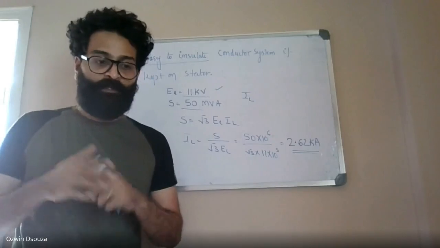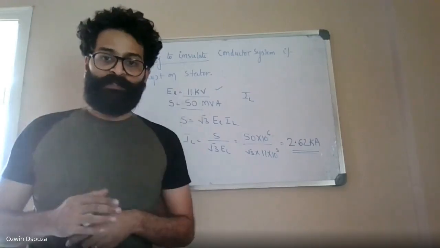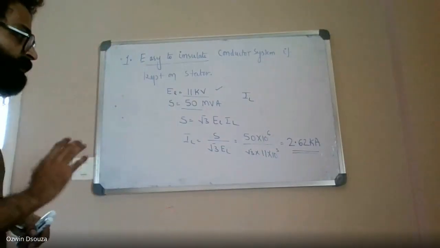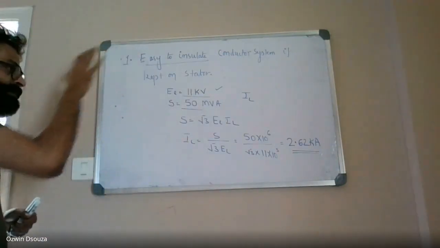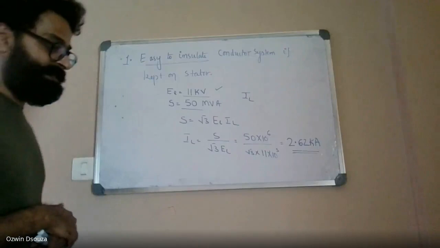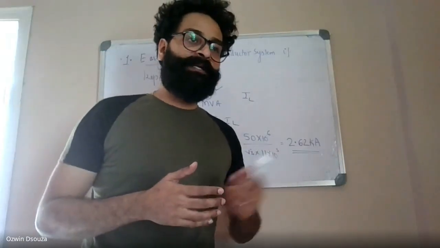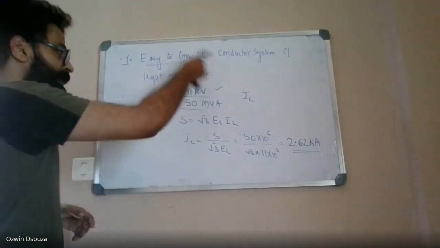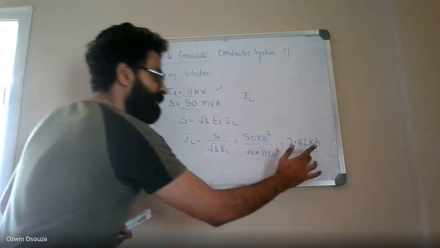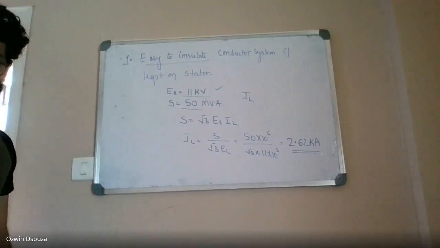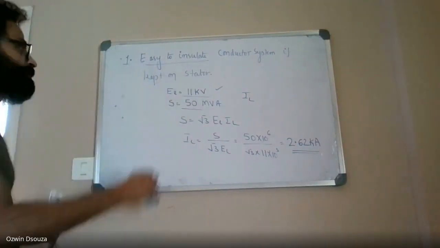So inside the machine, you will have a smaller space. This is one of the reasons why your conductors are kept on the stator side, because if you keep the conductors on the stator side, you will have larger place to accommodate the insulation to protect the alternator against high currents. All right, so this is the first advantage.